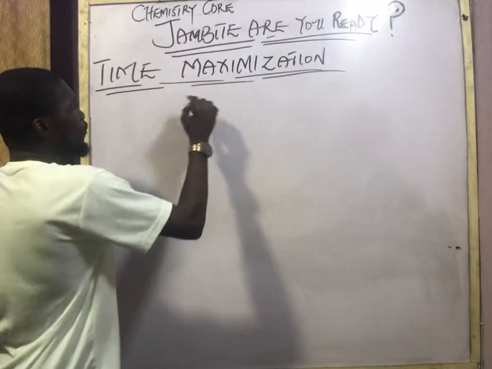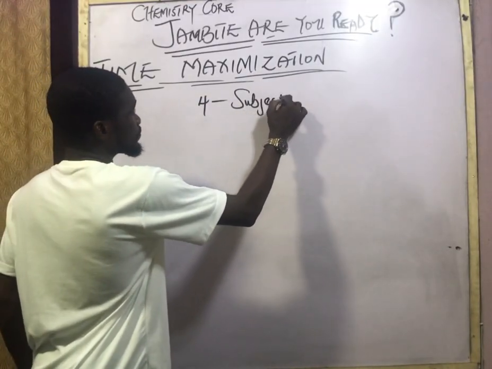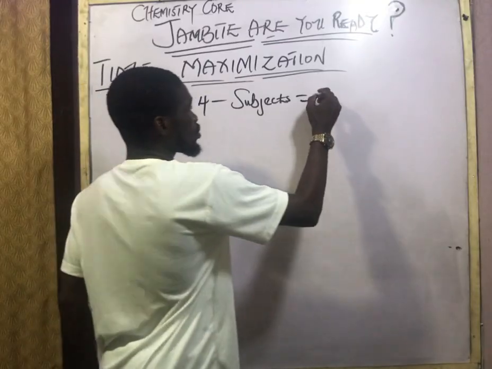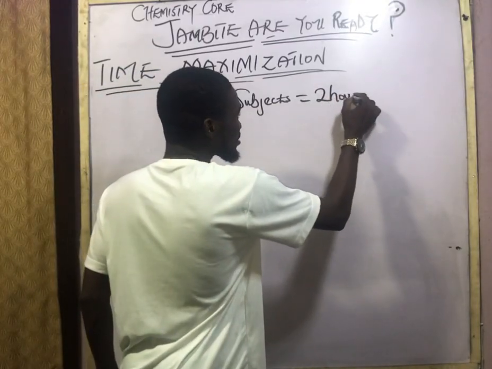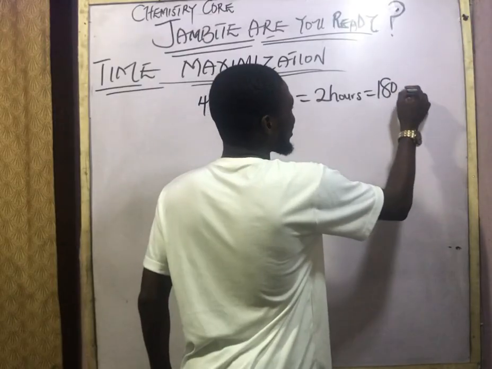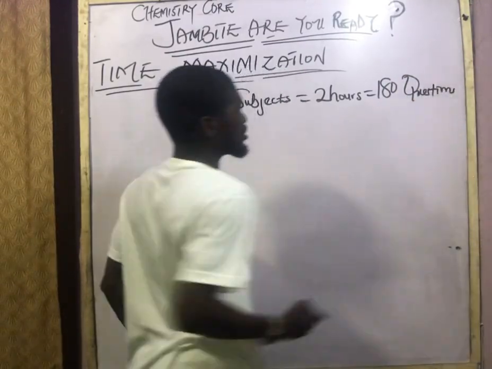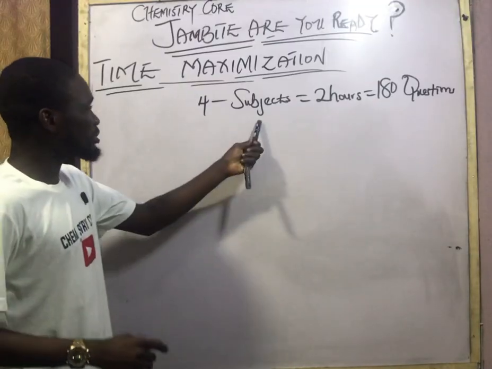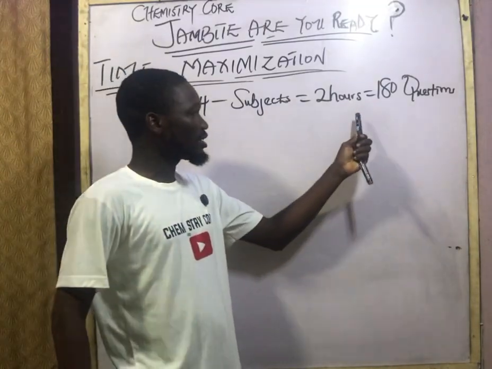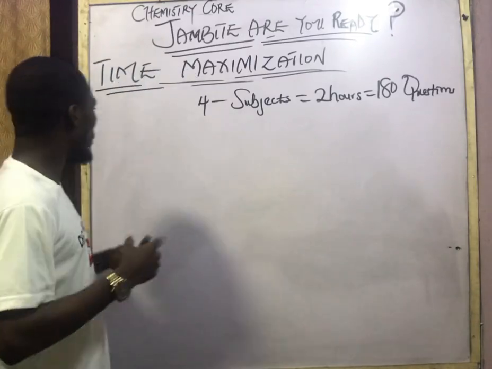Guys, 4 subjects is equal to 2 hours, which is equal to 180 questions. I repeat, 4 subjects is equal to 2 hours equal to 180 questions. How?